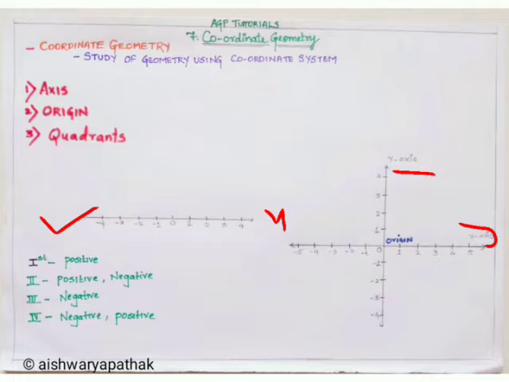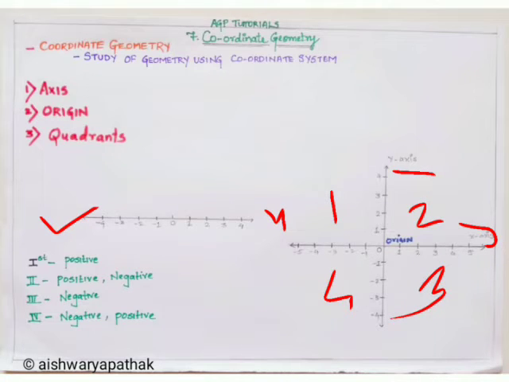Here is a new term for you all. So what are quadrants? When the x-axis and y-axis intersect, they form 4 equal halves. You can see this here, this is 1, 2, 3 and 4.